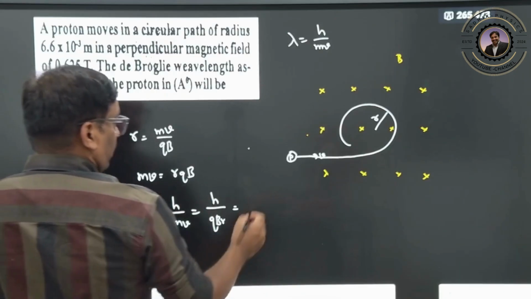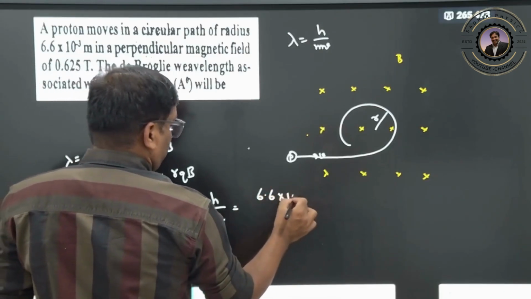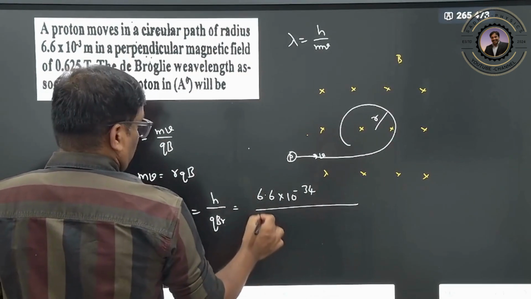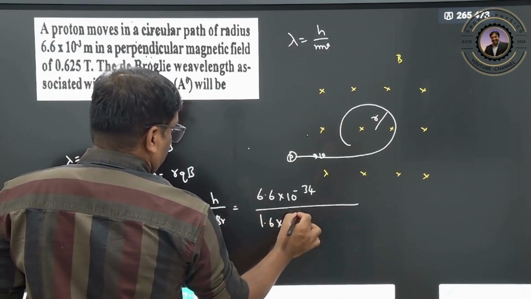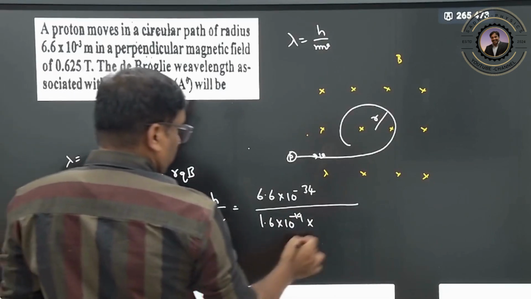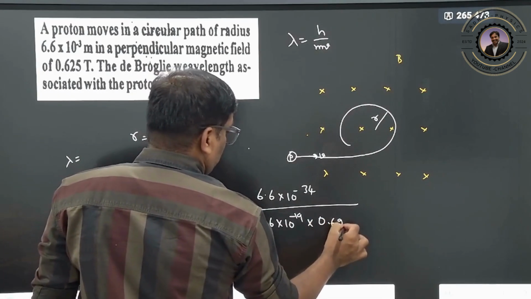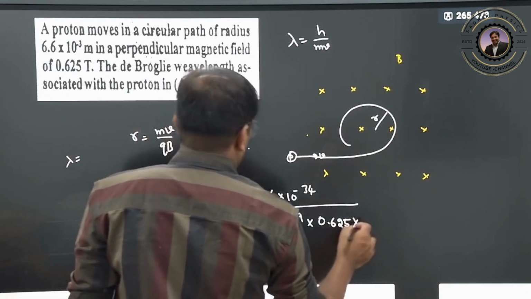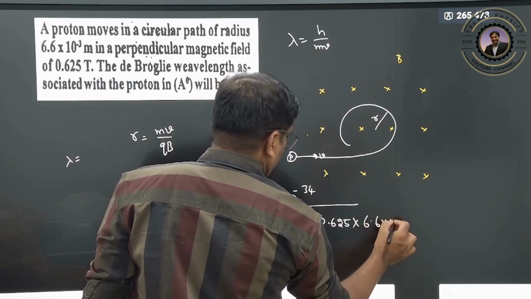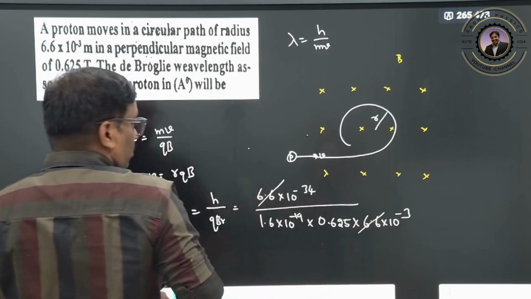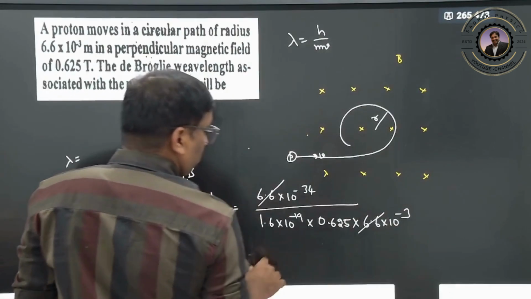Write it now: 6.6 into 10 to the power of minus 34 divided by the charge, which is 1.6 into 10 to the power of minus 19, so 0.625 into 10 to the power of minus 34 plus 19, times the radius, 6.6 into 10 to the power of minus 3. So the 6.6 gets cancelled out.